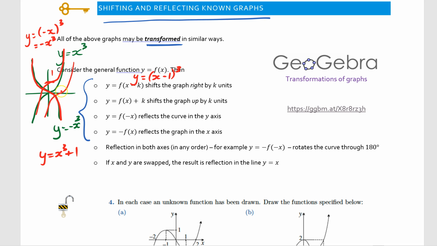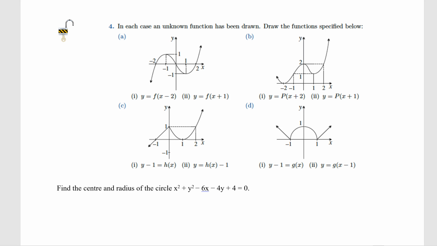So it looks like this, and it's cutting through at 1. Now it's worth applying those shifts to all the curves that you know, so you can see how these transformations work. Okay, so a quick look at a couple of these equations, these transformations, because we did them in class.